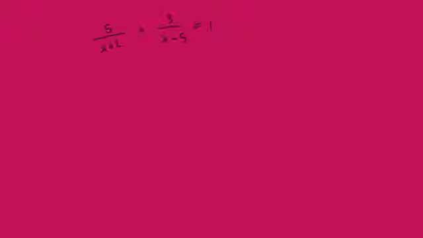So first we're going to multiply both sides by x plus 2, x minus 5. So it's going to give us 5 times x minus 5 plus 3 times x plus 2 equals x plus 2 times x minus 5. Now we're going to multiply out the brackets and collect our terms again.